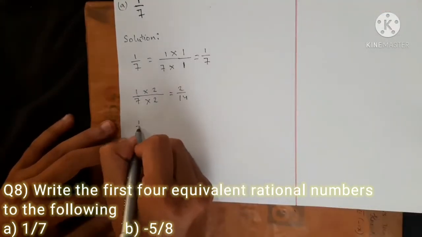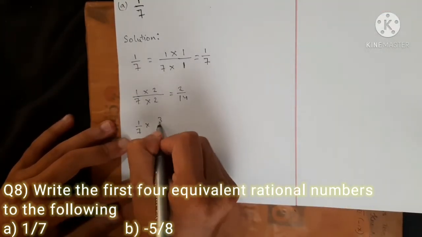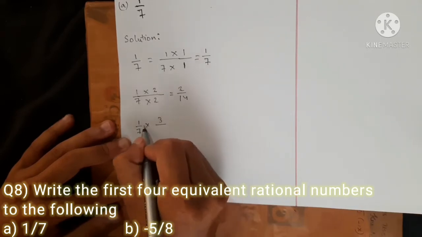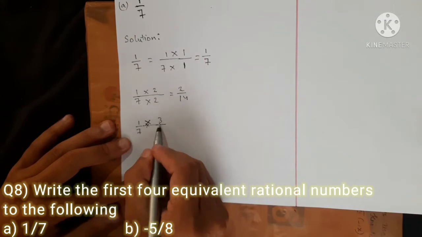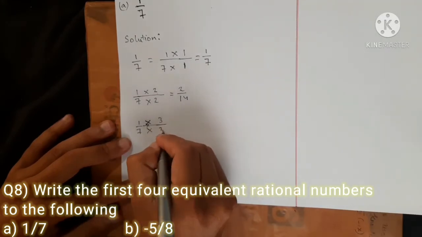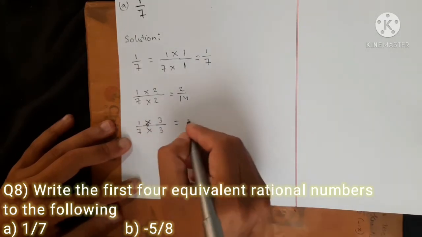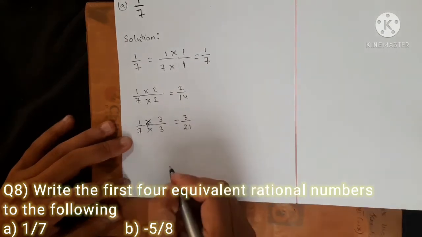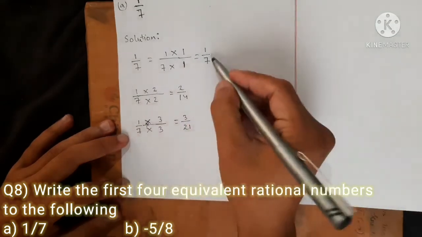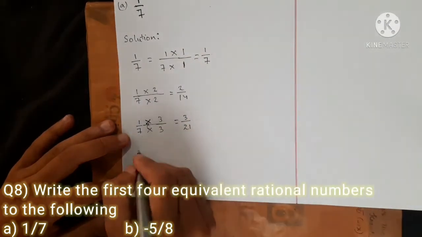Next, 1 by 7 multiplied by 3: 1 into 3 equals 3, 7 into 3 equals 21. So I have three equivalent rational numbers.